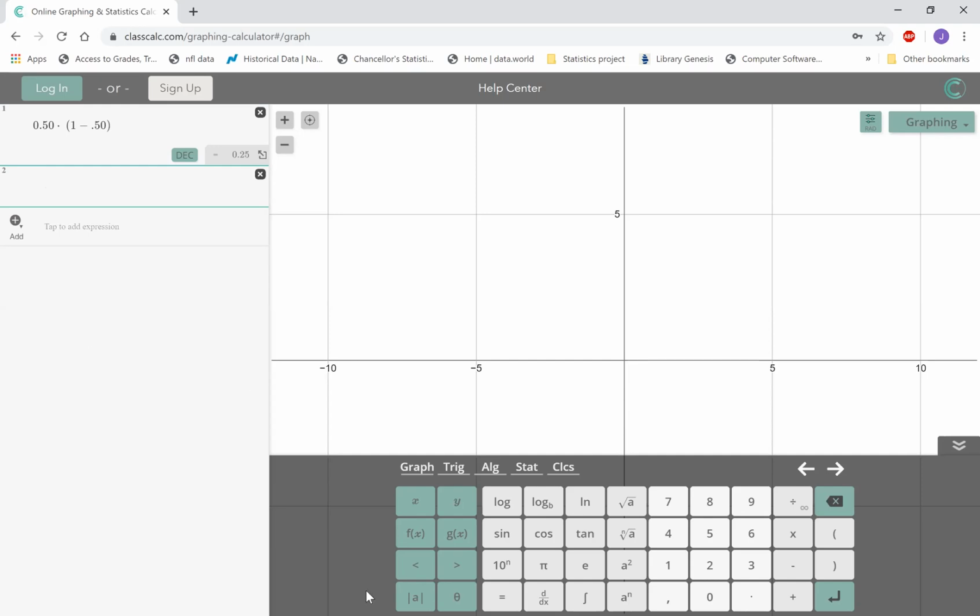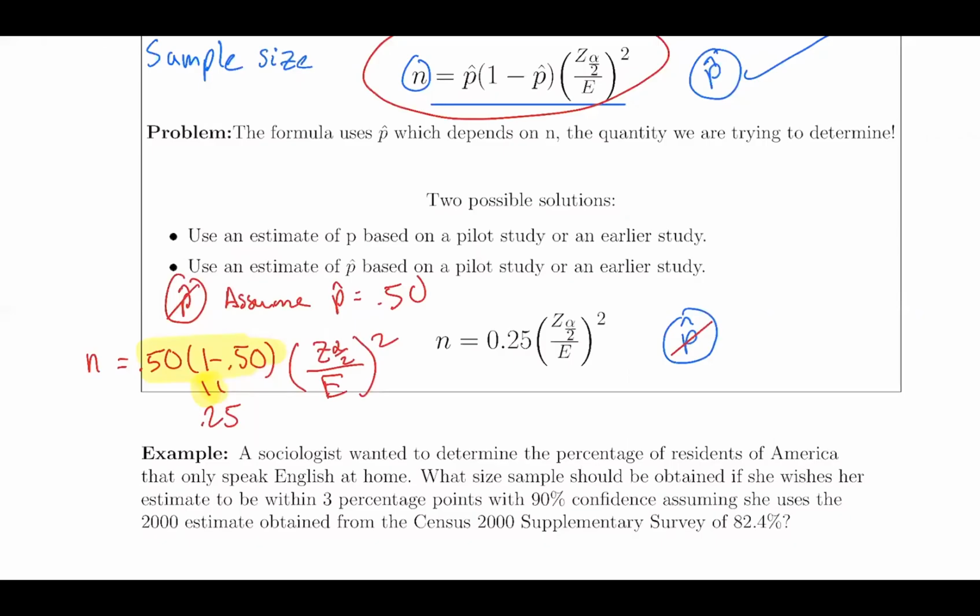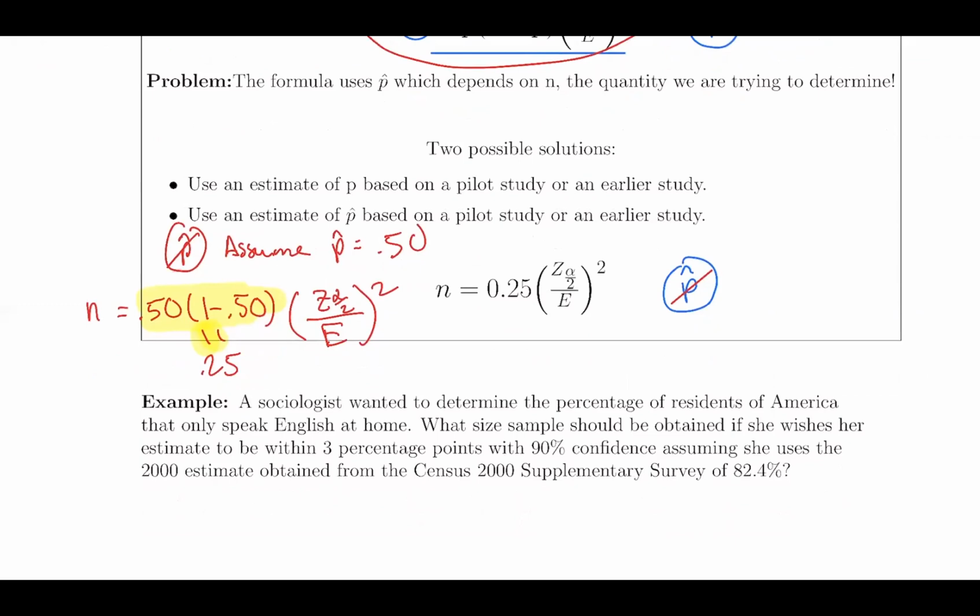So let's go back to my notes. So you get 0.25, and this is how this 0.25 comes to be.